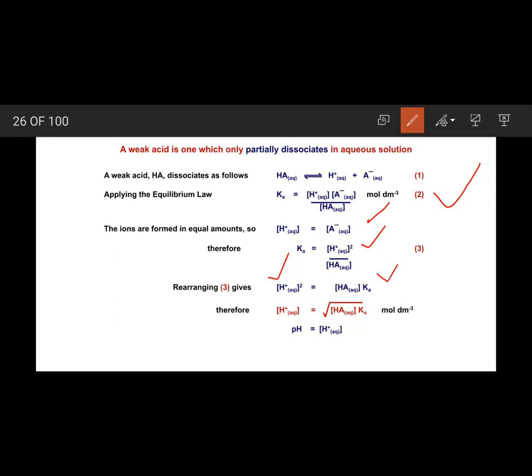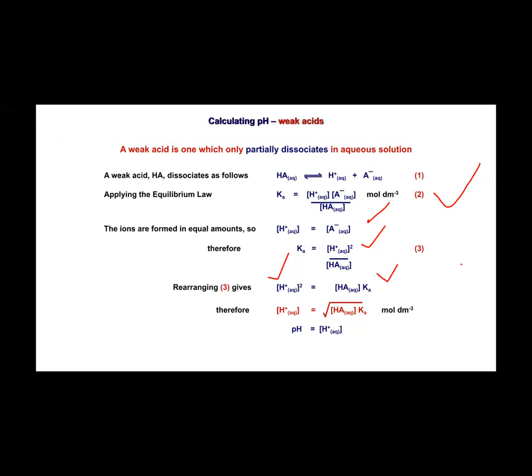So taking the square root, the concentration of H plus is equal to the square root of the concentration of HA times Ka, the acid dissociation constant, right? As you know, pH depends on the concentration of H plus ion.